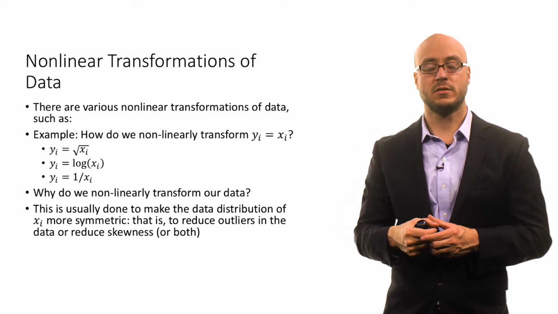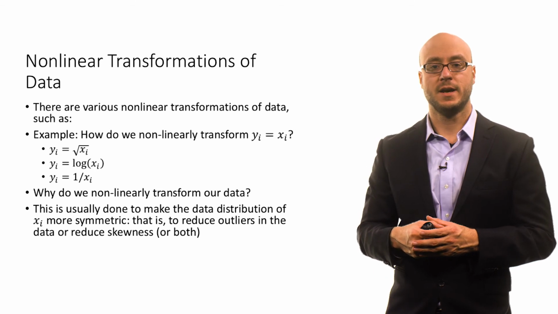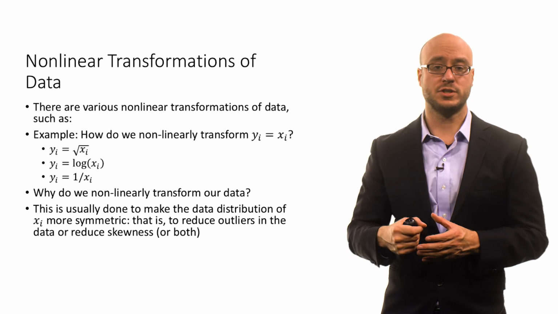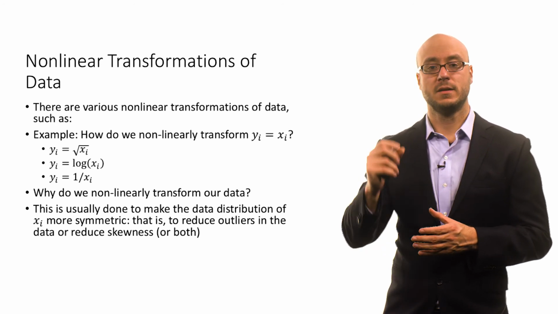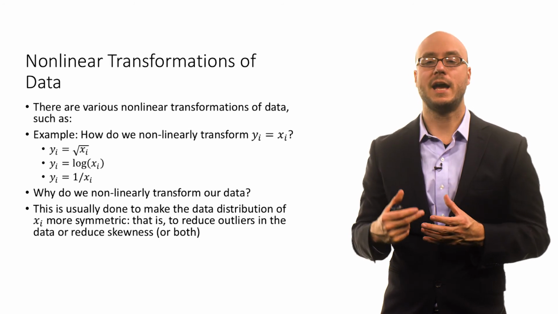So instead of a correlation between x and y, we might run a correlation between x and a transformed version of y, a logged version of y, thereby making the relationship between the two linear after this transformation. So we use nonlinear transformations on data so that the assumptions of linearity can hold when we run models such as linear regression and for measures of association such as covariance and correlation.